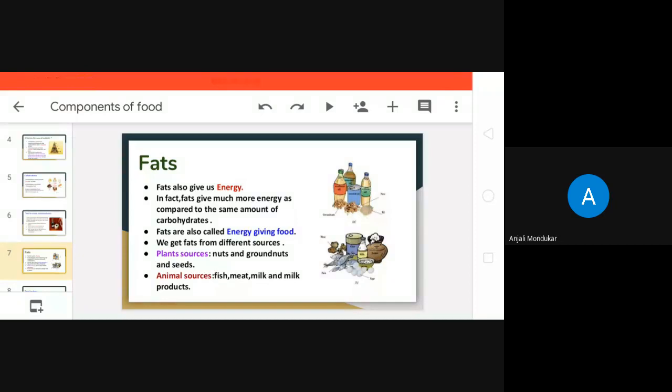So that's why some people say like that, don't eat oily food. It's not good for our health. We get energy from carbohydrates and fats, right? If we use that energy, it is good for our health. But if you don't do any work, if you don't use that energy, you will become fat. If you become fat, you will get a number of diseases.